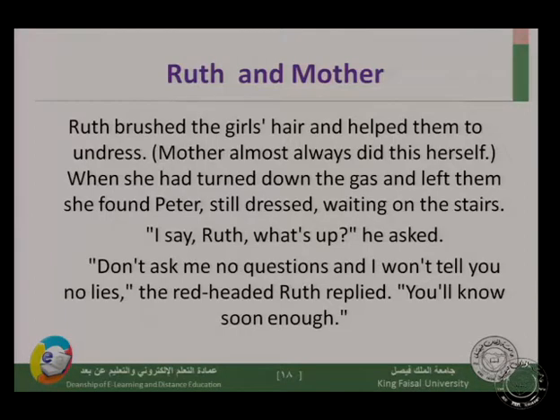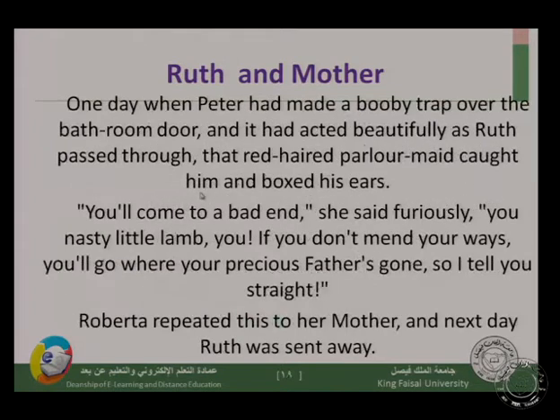So how would you understand the character of Ruth? Violent, rough. She is red-headed. You'll know soon enough. Don't talk to me like that. One day when Peter had made a booby trap over the bathroom door and it had acted beautifully as Ruth passed through, that red-haired parlor maid, look at how the narrative voice refers to her, that woman caught him and boxed his ears.